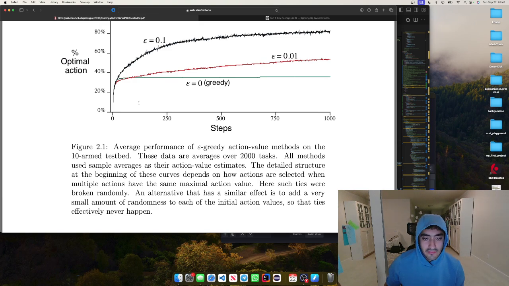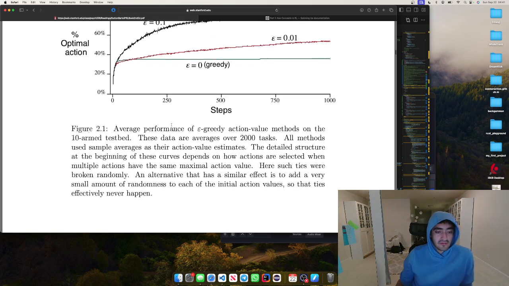These data are averages over 2,000 tasks. All methods used sample averages as their action value estimates. The detailed structure at the beginning of these curves depends on how actions are selected when multiple actions have the same maximal action value. Here, such ties were broken randomly. An alternative that has a similar effect is to add a very small amount of randomness to each of the initial action values, so that ties effectively never happen.